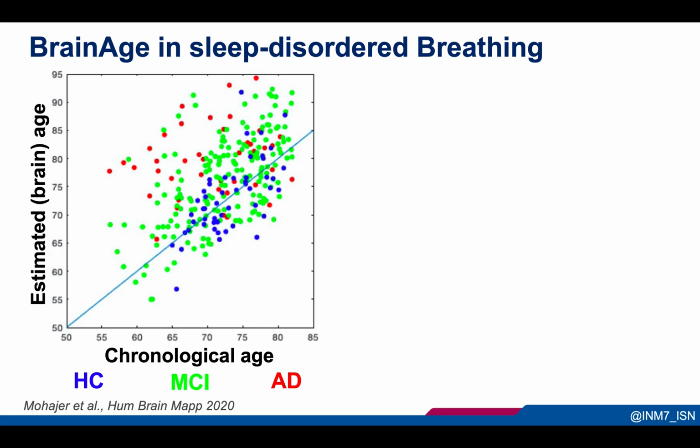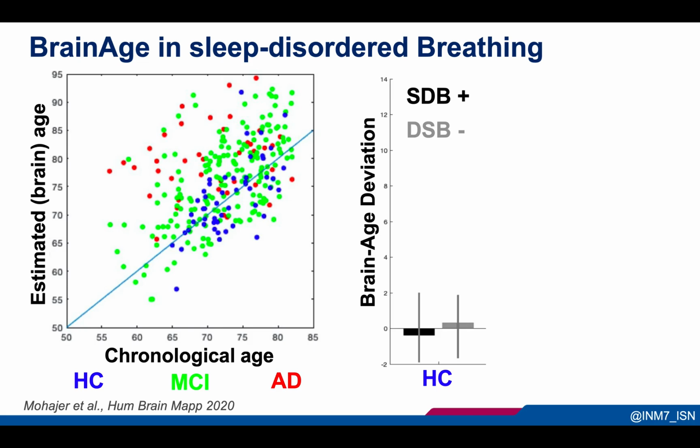Here you can see the individual data points, and if we look again at the brain age deviation, so the difference between true and predicted age, we, not surprisingly but very reassuringly, again found that for healthy controls the brain age deviation is around 0. So healthy controls are on average predicted to be as old as they really are, which they should be.